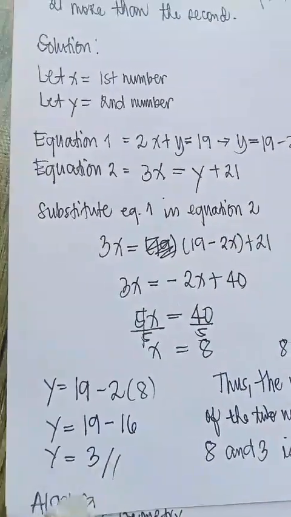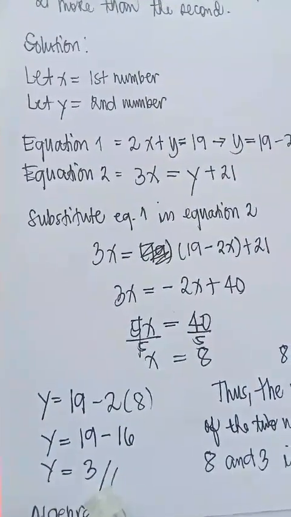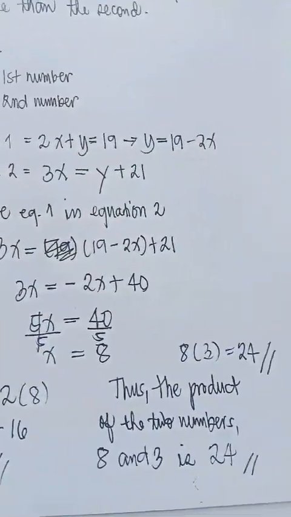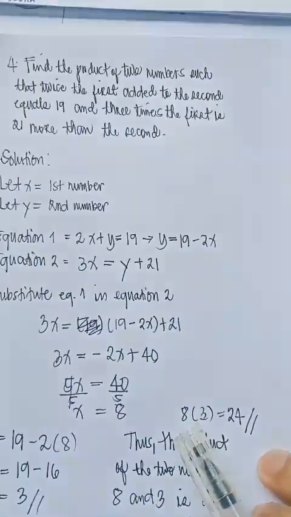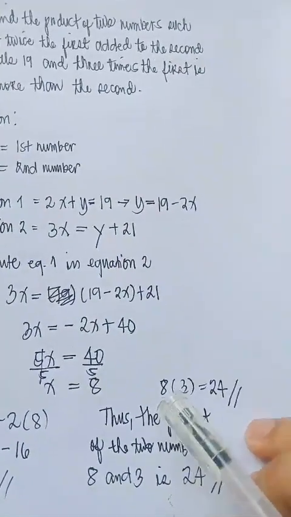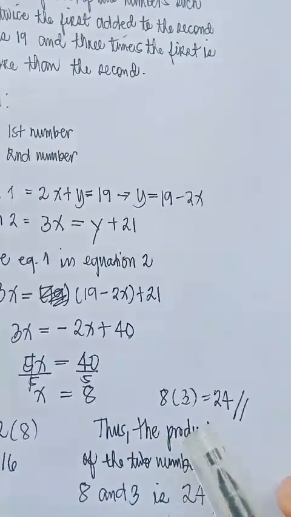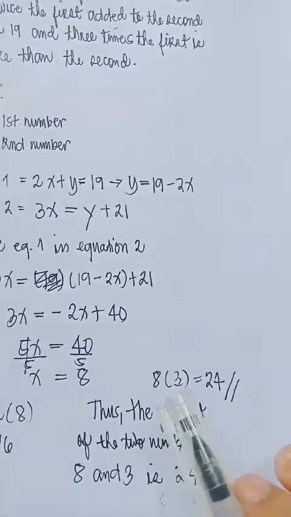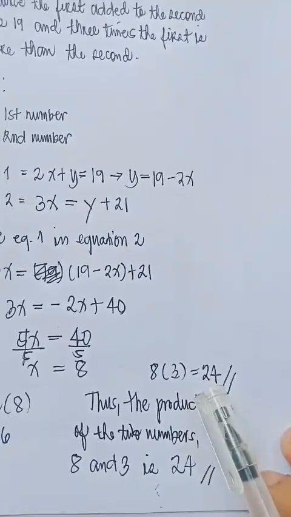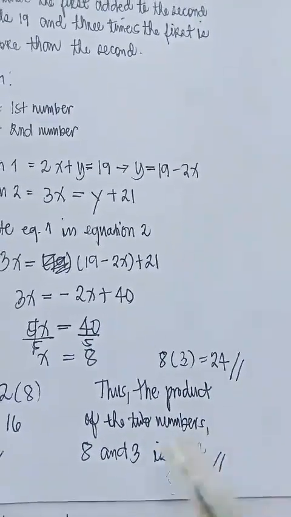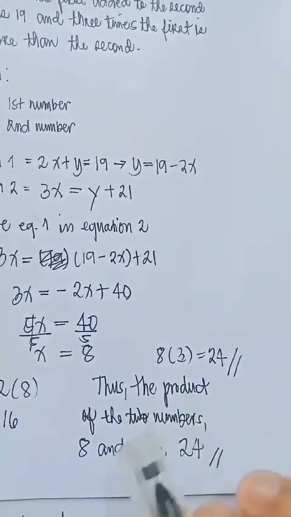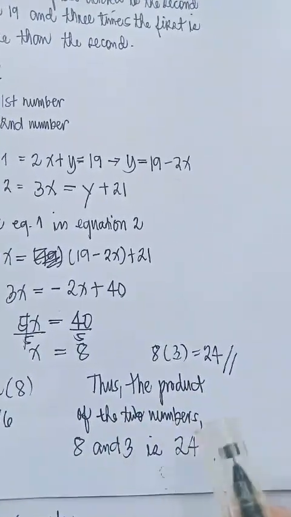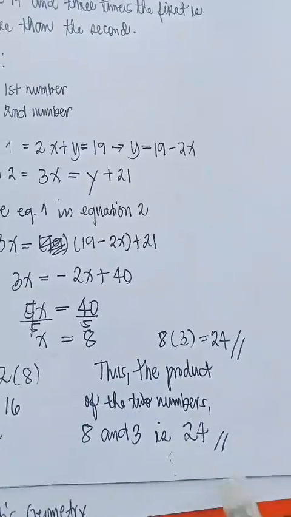So our y here is 3. Now, the two numbers are 8 and 3. If we multiply, this will give us 24. That is why, to conclude, the product of the two numbers 8 and 3 is 24.